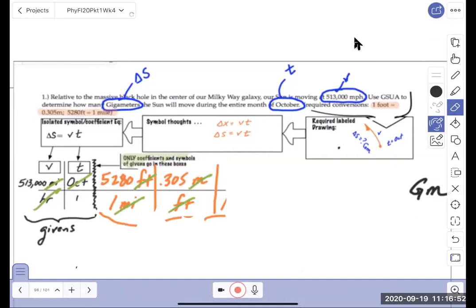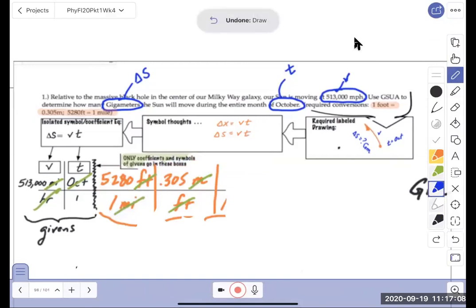Now I'm going to add a blue kill over the green kill. So we killed miles, because the greens are all killed except for gigameters.